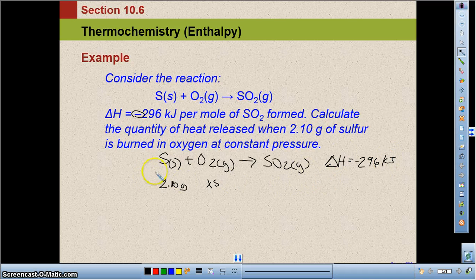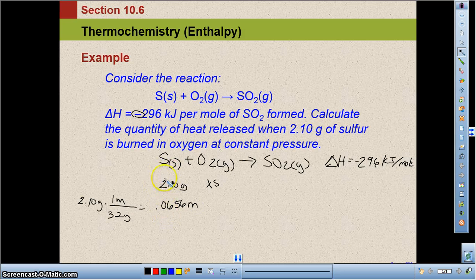Well, if it were 1 mole of sulfur, it would produce 1 mole of sulfur dioxide, and you would end up with this much energy given off. Since this is kilojoules per mole for this reaction, we have to change grams to moles. So we're going to take 2.10 grams of sulfur, and 1 mole is about 32 grams. So 2.1 divided by 32 is 0.0656 moles of sulfur.